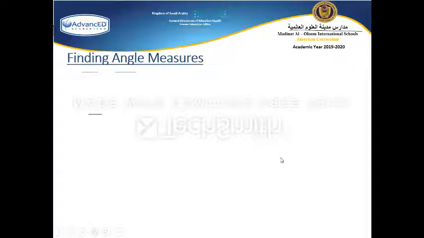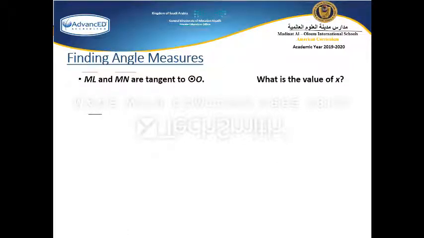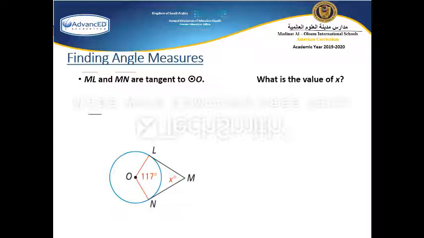How to find the measure of some angles? For example, if we have ML and MN tangent to the circle O, what is the value of X? Here, as you know, we have quadrilateral LONM. Since LM and MN are tangent to the circle O, they are perpendicular to the two radii OL and ON.